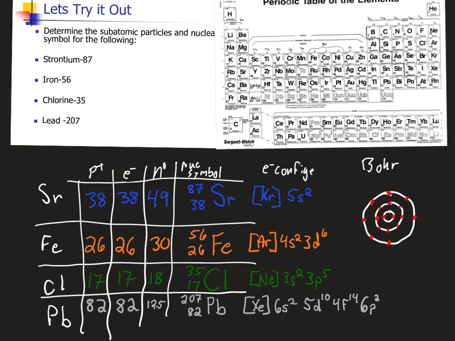I would have that as my Bohr model, as that would be the next size. And you can kind of see that there's a missing spot right here for that 8th one, because it is one short of having a full valence shell.